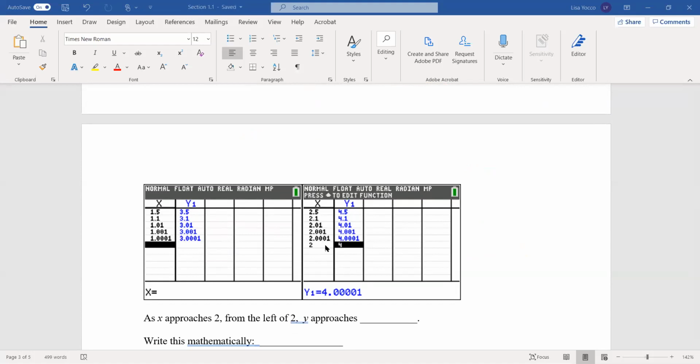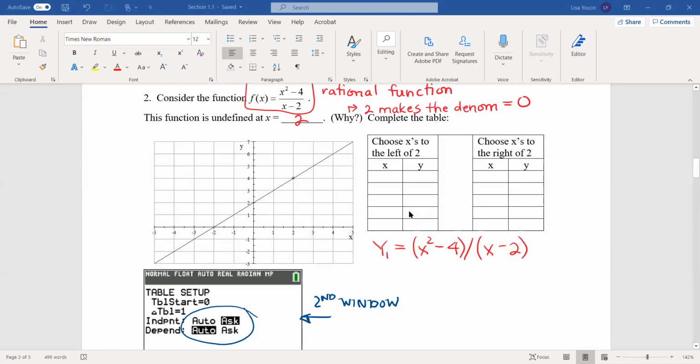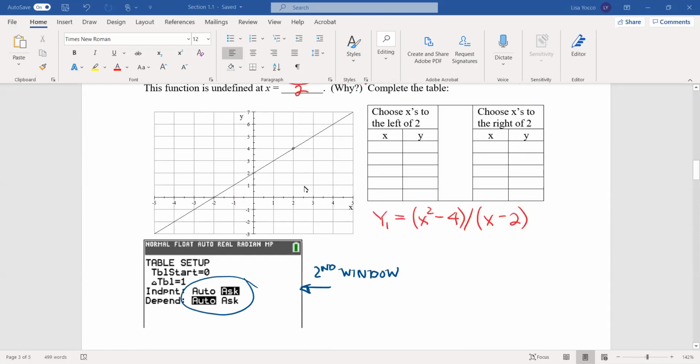Because you're exactly right, 2 is the number that makes the function undefined. If you see that screenshot, it looks like x is 2, but I actually put in 2.00001. But yeah, you're exactly right, because we already said 2 is the number that makes the function undefined. Okay. Thank you.